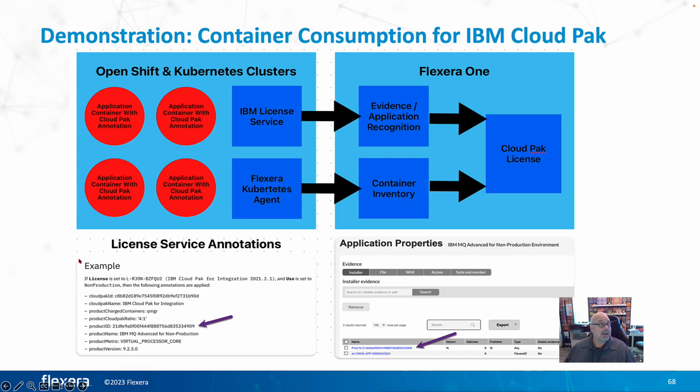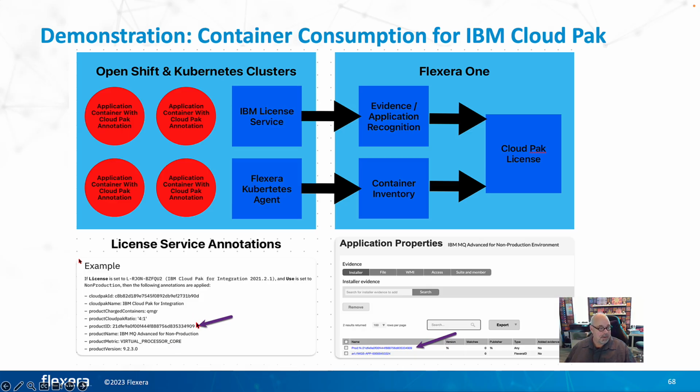I've got a diagram on the screen here. As you can see, I have our OpenShift and Kubernetes clusters here. And on those clusters, each one would have multiple applications hosted in containers. And each one of those containers must have an annotation on that stating what is that product.